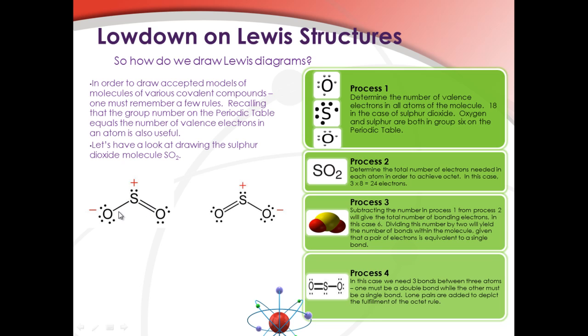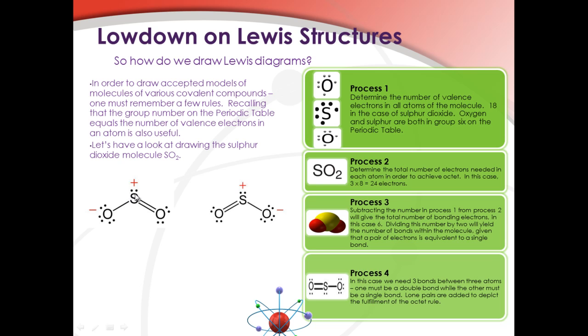Once we actually draw in the bonds, then we just simply put in any existing lone pairs that make up 8 electrons around each atom. In the case of sulfur, these 2 bonds here represent a sharing of 4 electrons. So that's 4 around the sulfur already, and another 2 is 6.